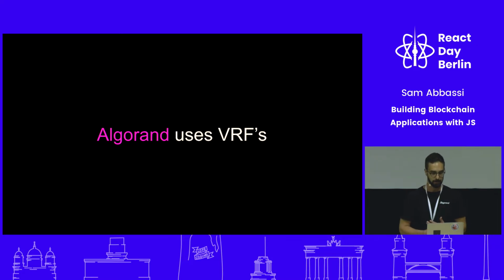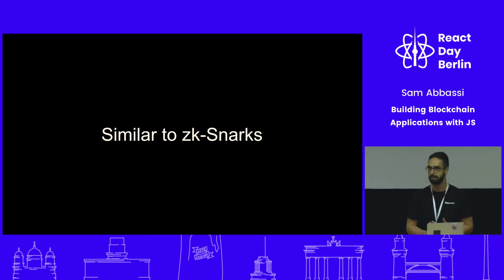Algorand uses something called VRFs, verifiable random functions, and they're very similar to ZK snarks, which is basically just a way to prove something to someone without actually revealing the thing itself. So this is based off research done by Silvio Micali, who is our founder, an MIT computer scientist. The cliche example is trying to gain admission to a club or a bar and letting the bouncer know that you're 18 or 21, depending on your jurisdiction, without actually showing your date of birth, right?